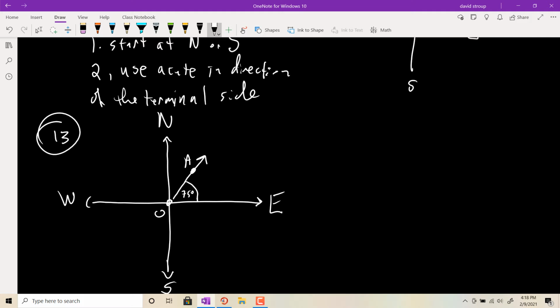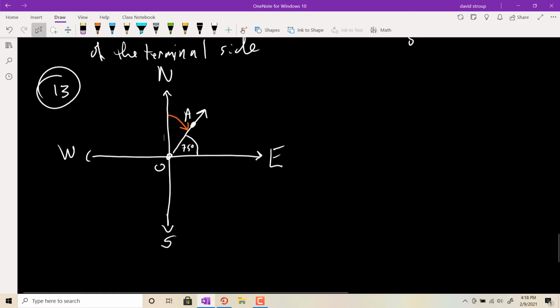Okay, so that line there is the terminal side, and the way you talk about bearings is going down from north. So the actual angle we're concerned with is going to be this angle, and it's in the direction of east. So the first thing, there's going to be three things. The first thing is either north or south, and we're coming down from north, so we start with N. You write big N. Okay?